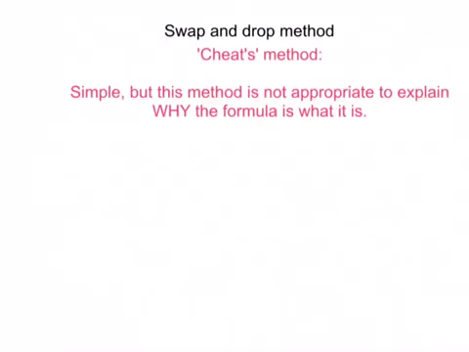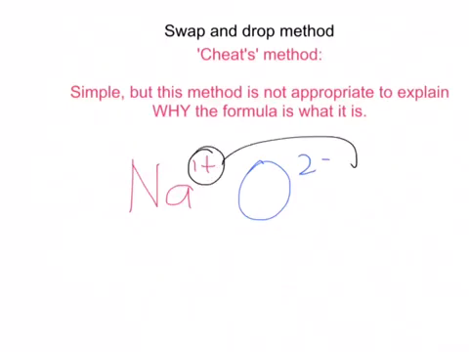Okay, so the last one that we did was sodium oxide. So Na+, and remember it's kind of like a 1+, oxide O2-, and so what happens is that we're taking this 1 over to the other side, dropping it, so swap, drop, and then we're taking this 2-, swapping it, and dropping it down to the bottom.